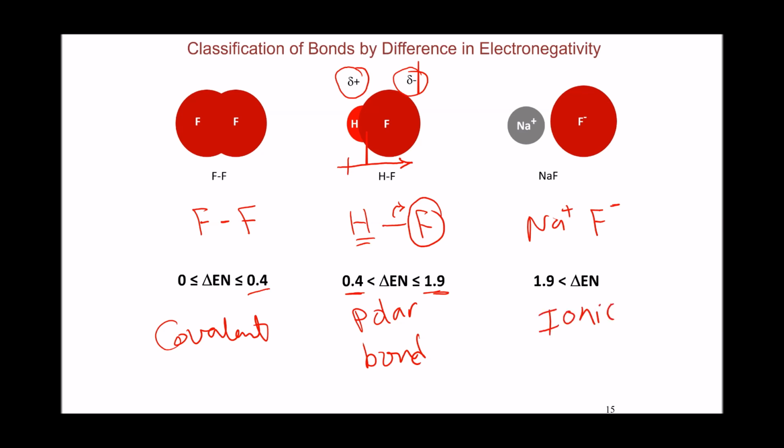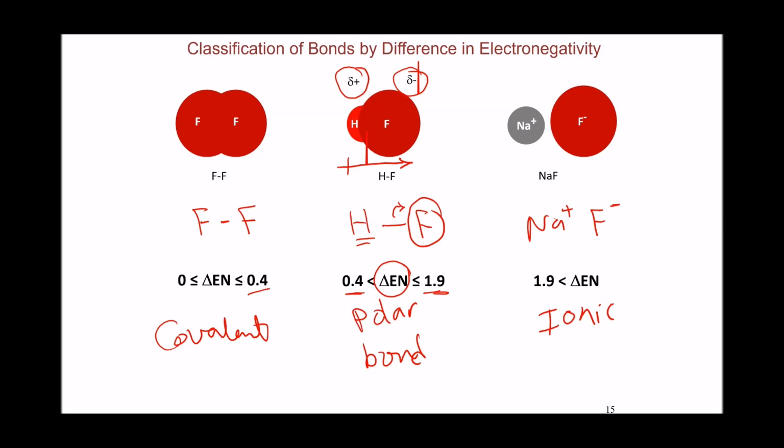Electronegativity is a really important factor here because it's going to tell you what type of bonding to expect in any combination of two atoms, whether it's a pure covalent bond, polar bond, or a completely ionic bond, depending on the difference in electronegativity within these ranges that we discussed right here.